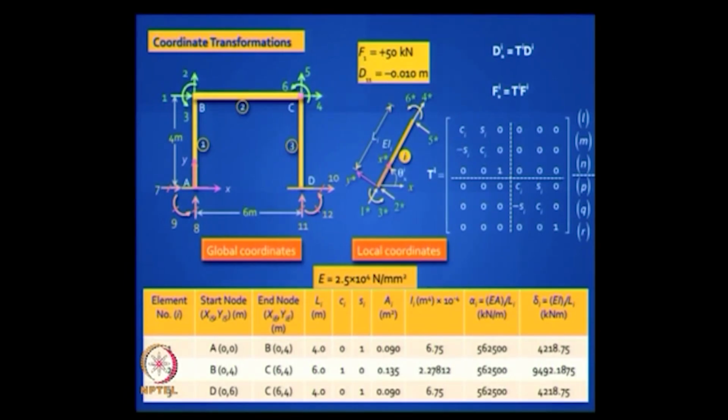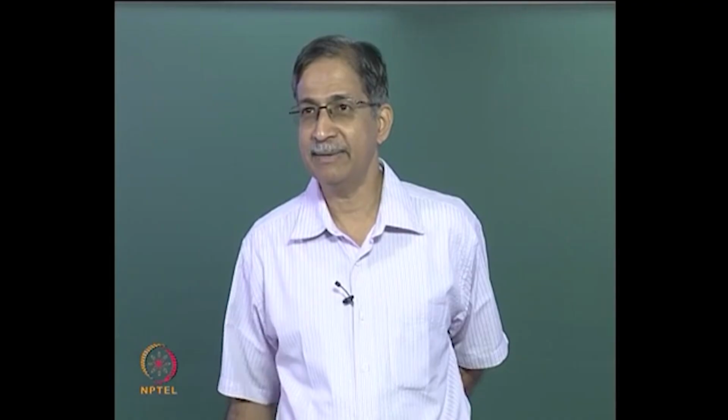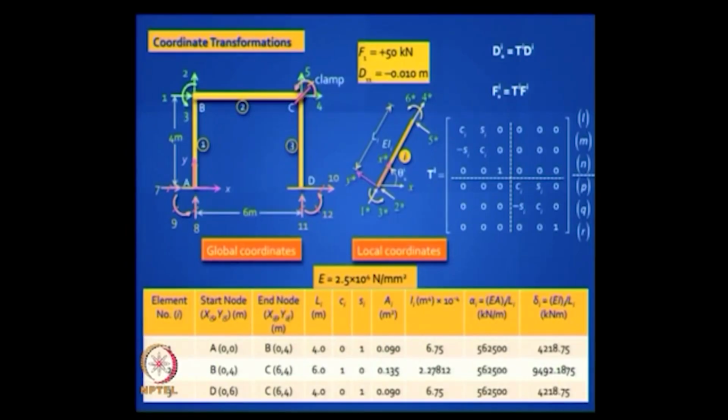So you see that hinge at C, and we are going to convert one of those degrees of freedom. Which degree of freedom? What is the number? 6. We convert it from active to restrained and we introduce a clamp. So we do all that. Is it clear? That degree of freedom goes to the restrained category. Nothing else changes.